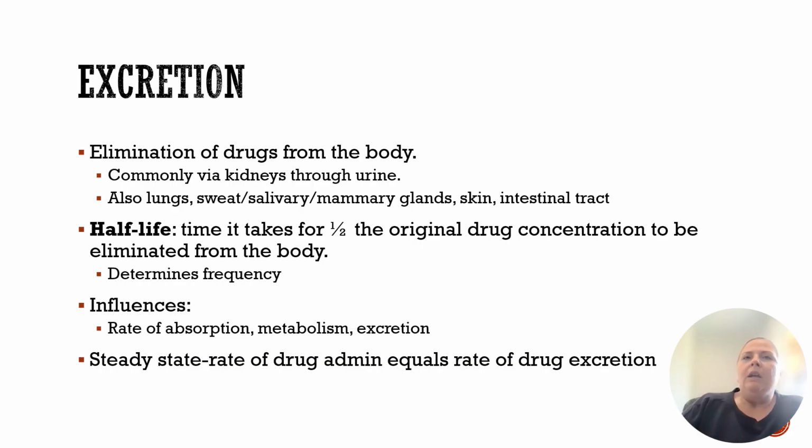Okay? Most drugs, if they're given only one time, the concentration of that is completely eliminated after 4 to 5 half-lives. But if it's given at regular intervals, it's going to reach a steady state. So the rate of absorption and metabolism can affect excretion.